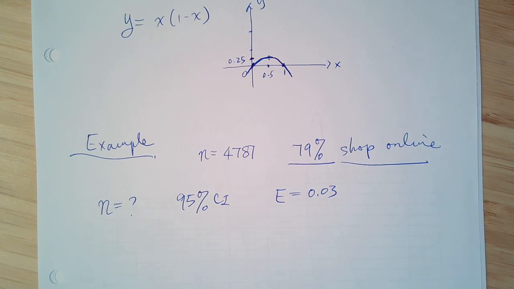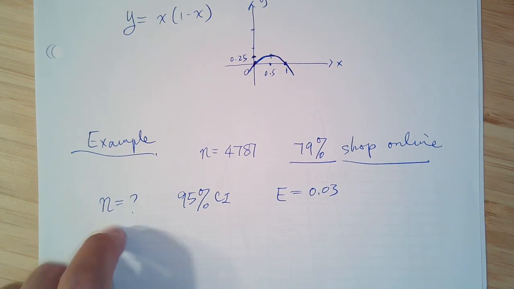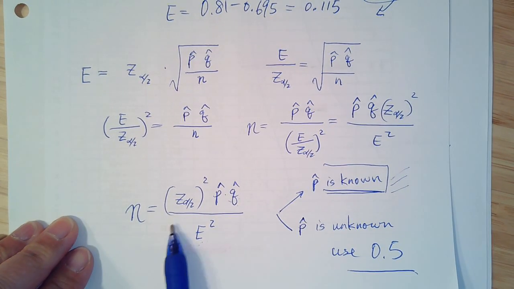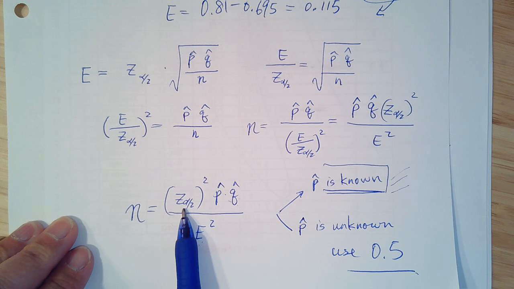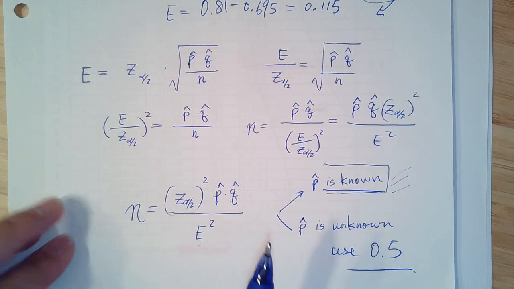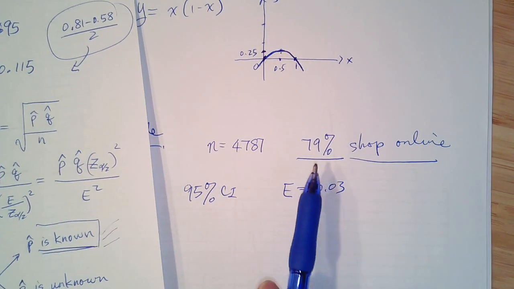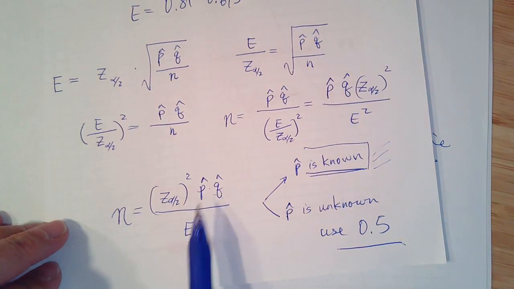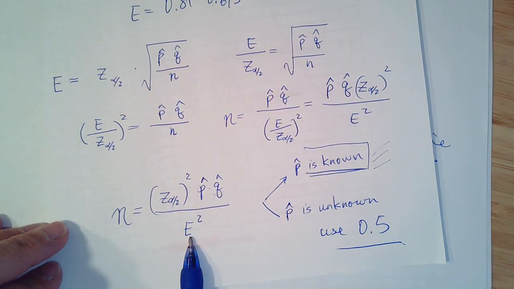Did you see that they ask for n, and they give you the 95% confidence level and they give you E? For the 95% confidence level, I know the critical value is 1.96. For p-hat and q-hat, I have some historical data, 0.79, so I use that one. And then the error is 0.03.